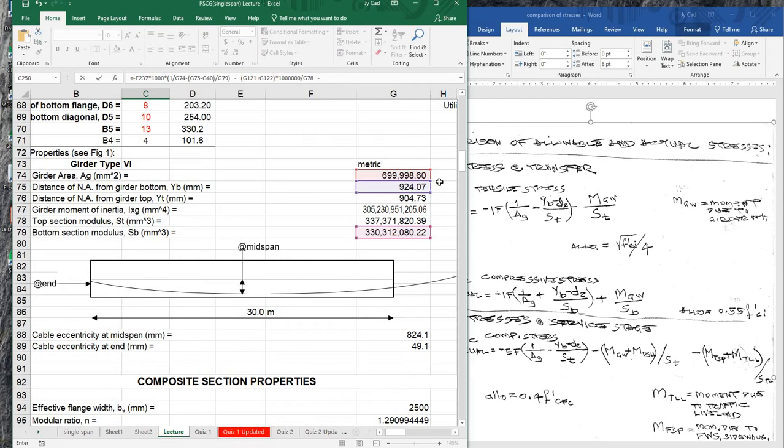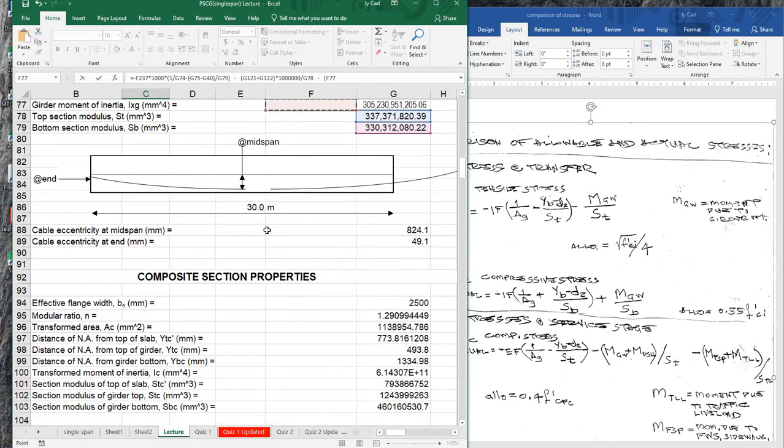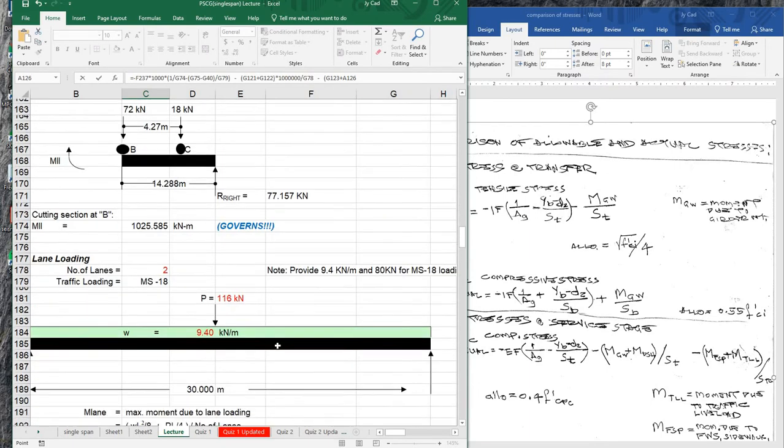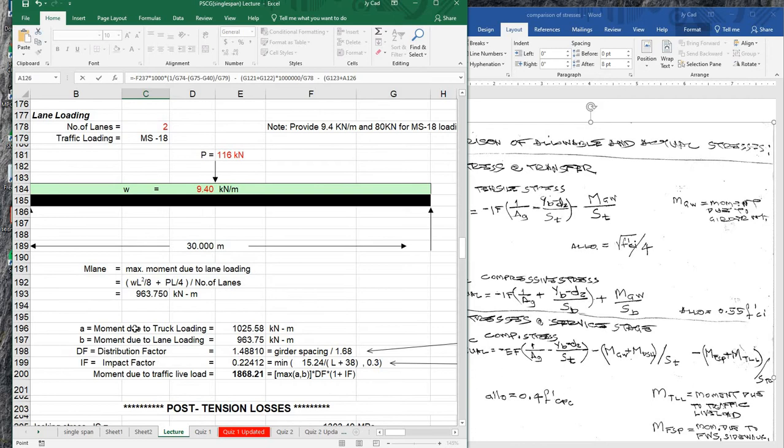Minus, open parenthesis. Here I am at the future wearing surface, and then sidewalk, post, and railing. It is here, beside the moment due to girder weight, this one. And then, plus, moment due to traffic live load. So, that is now below. Okay, here at the moment due to traffic live load.